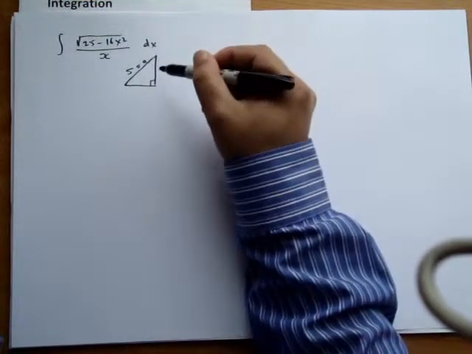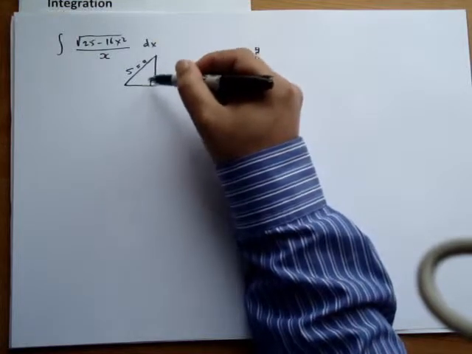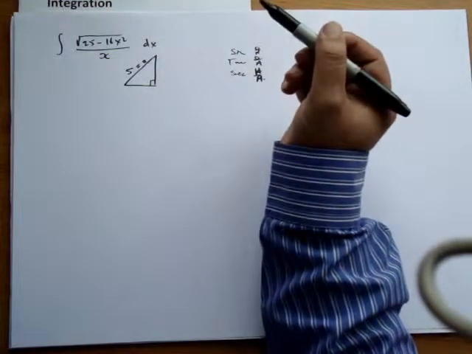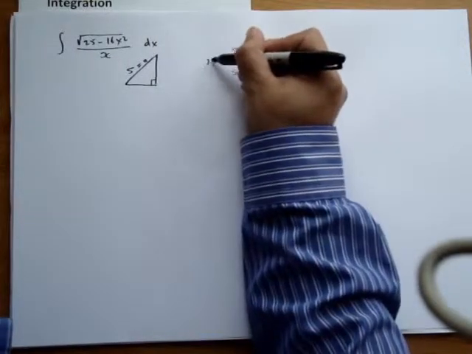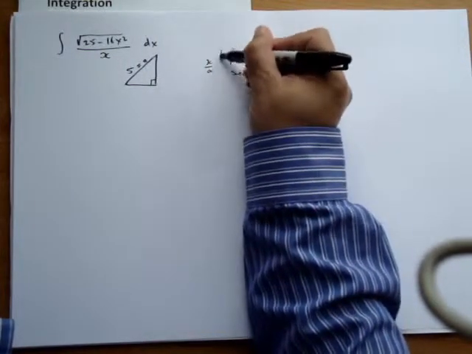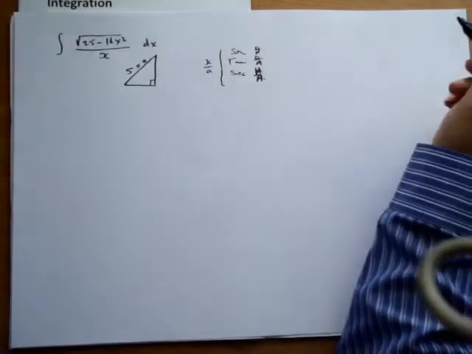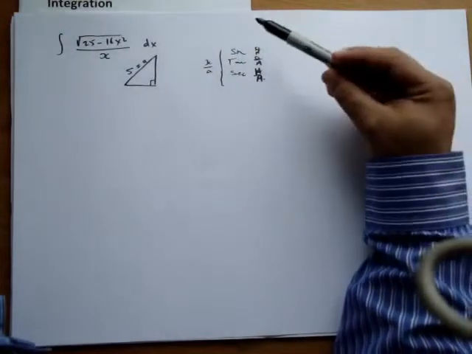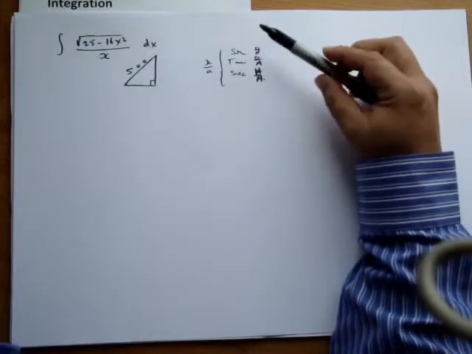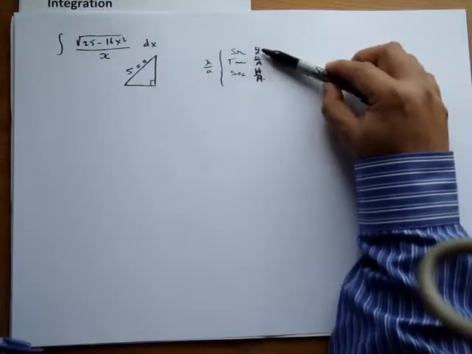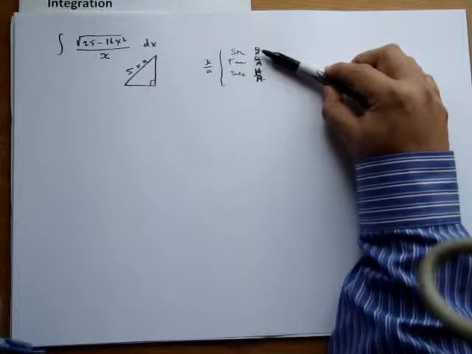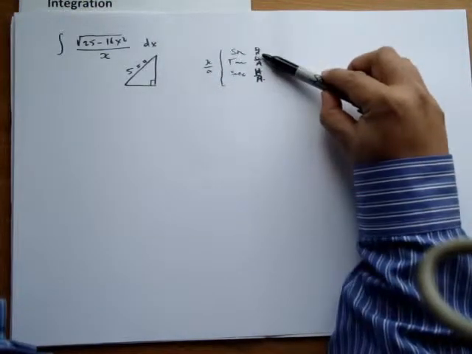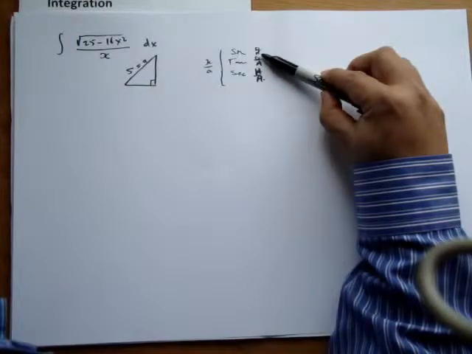Now we need to figure out which side will be the square root value, and which side will be the x value. So we use x over a. It is going to be one of these, and when we look at that, we see that it's the opposite over the hypotenuse. So the a is the hypotenuse, which is on the bottom.